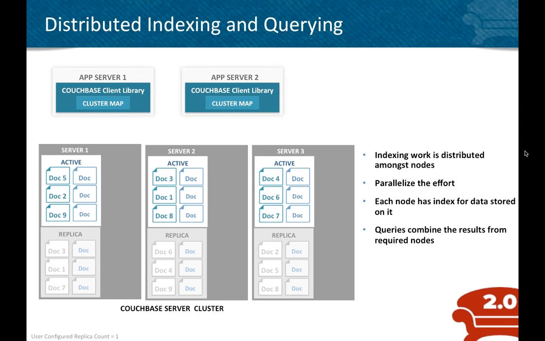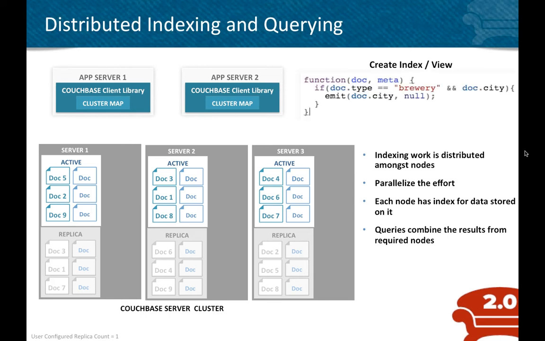Now we want to look at it on multiple nodes. Here we have a 3-node cluster with 2 app servers, and the way Couchbase works is it evenly distributes your data across all the database servers, and then each database server is responsible for building the index for its local data.